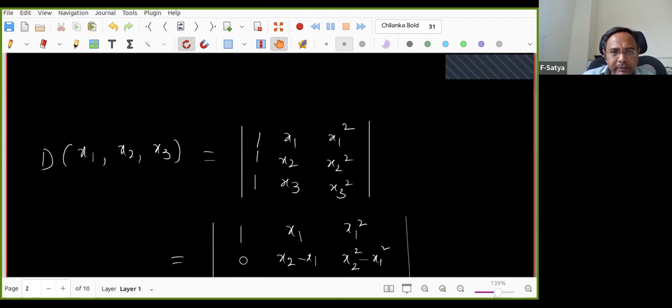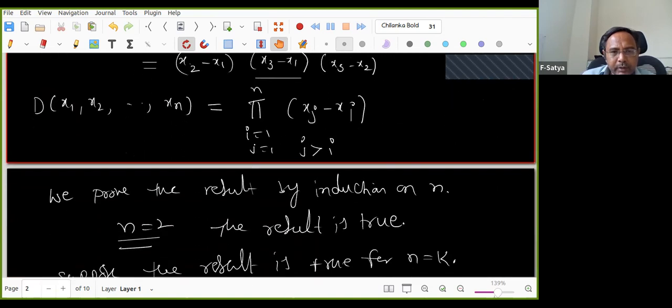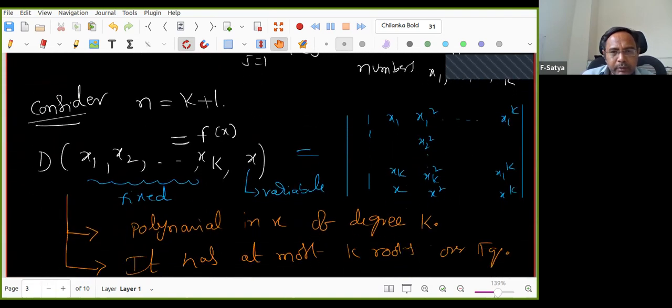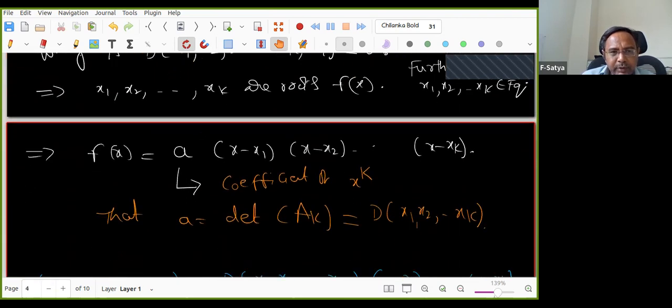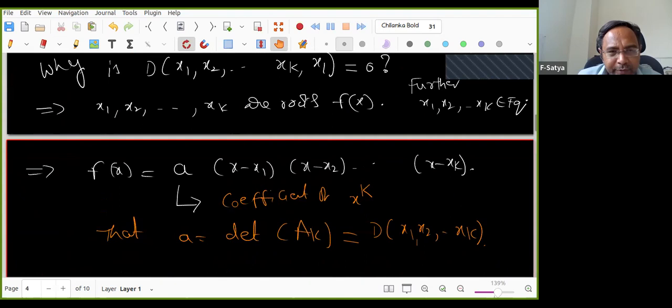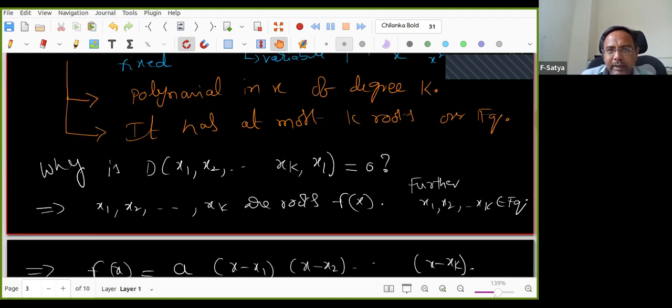Yeah, good, thanks. So these are the roots of the polynomial, but how many roots? K roots. But it is also a polynomial of degree k. So then f of x splits like this: a times x minus x1, x minus x2, and so on, x minus xk, where a is the coefficient of x power k, the highest.